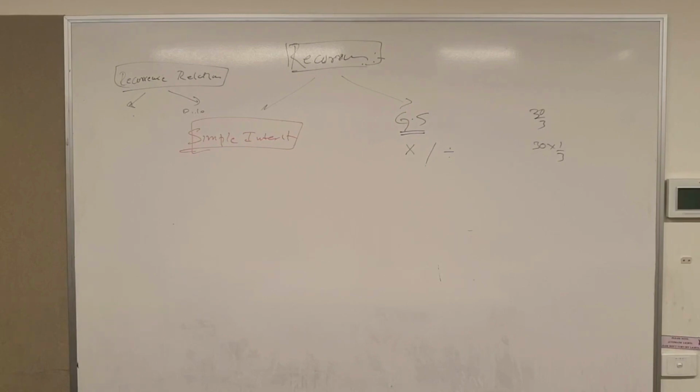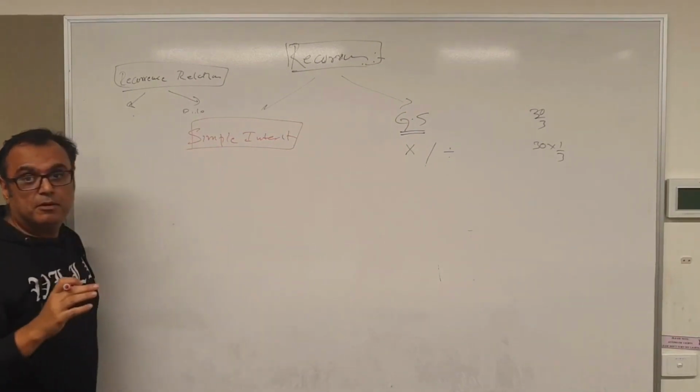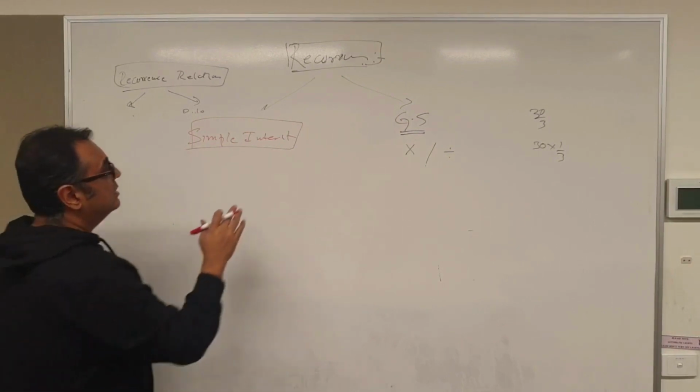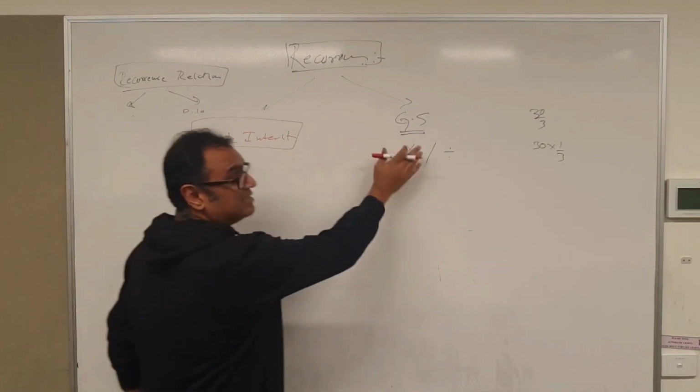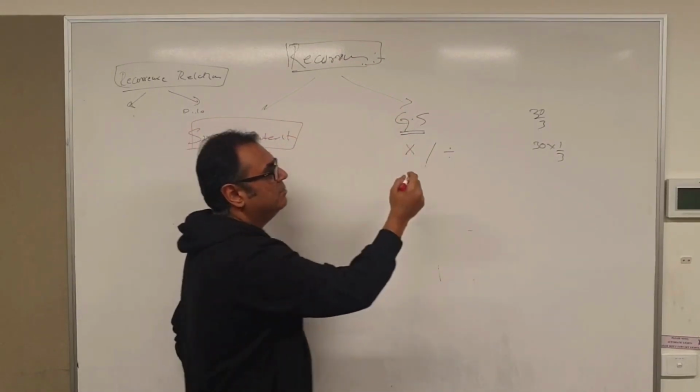We talked in depth about simple interest and compound interest, right? Simple interest, and the real life example of geometric sequence could be compound interest.